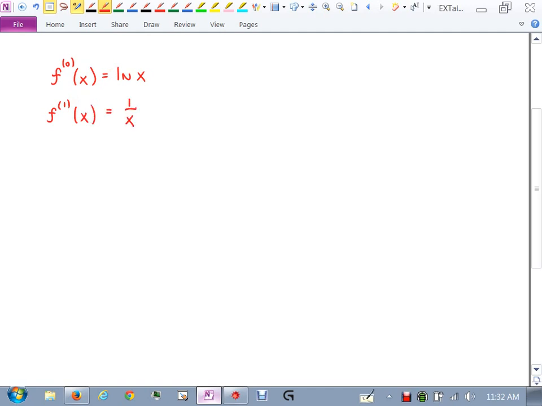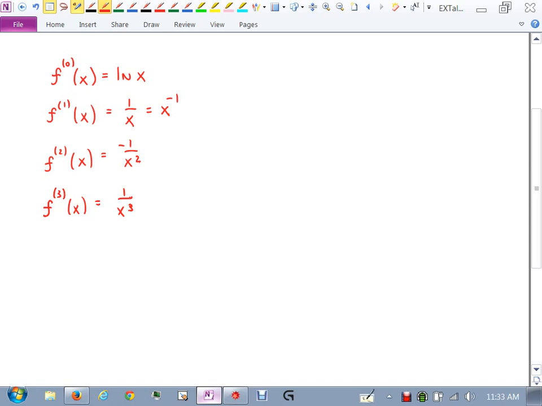1 over x. Because we're about to take the derivative again, I remind you this is x to the negative 1. So the second derivative will be negative 1 over x squared. I'm just doing the power rule: negative 1 comes out, subtract 1. What's the third derivative? Positive now, because you'll have 2 negatives.